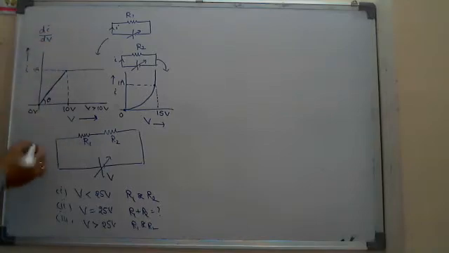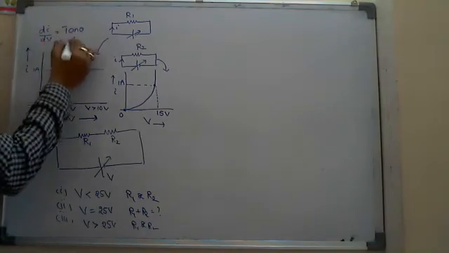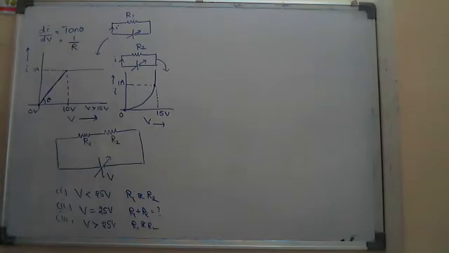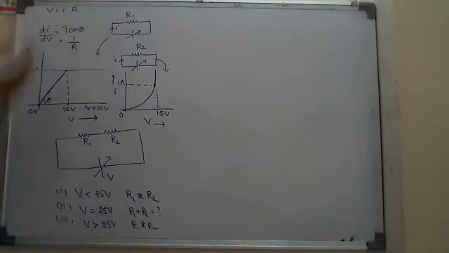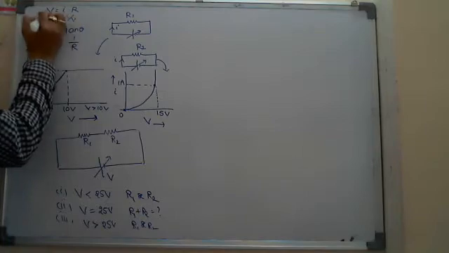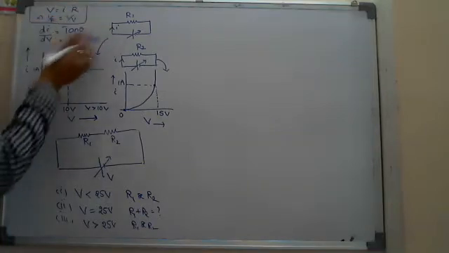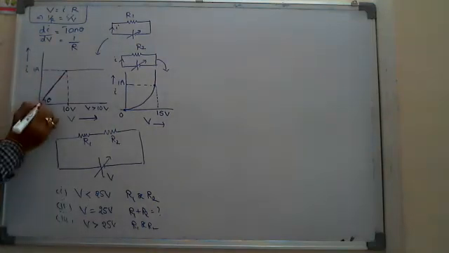Okay, here this is the slope. That slope actually gives 1 by resistance for us. Why? Because according to the formula V is equal to IR, the slope I by V is 1 by R. So generally the slope gives 1 by resistance, and from here to there the slope is constant, it is a straight line.